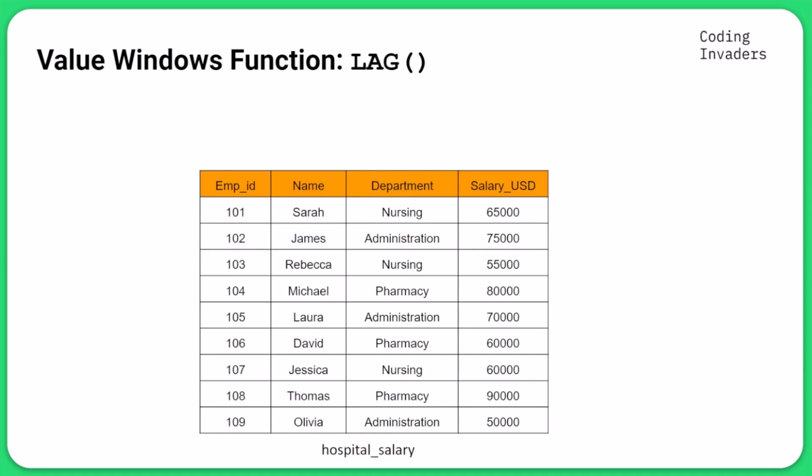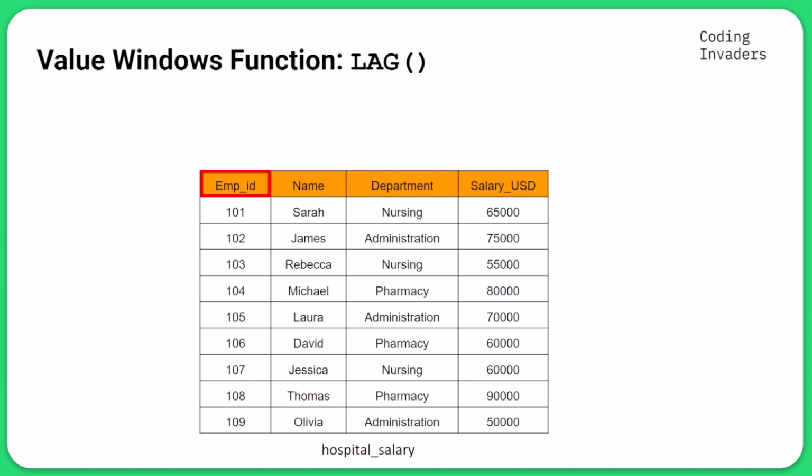Let's say we have a data set of the employees in the hospital and their salary. So we have an employee ID column where we have the ID of each employee. An employee with ID 101 has joined before an employee with ID 102. So these are sequenced in terms of their date of joining.